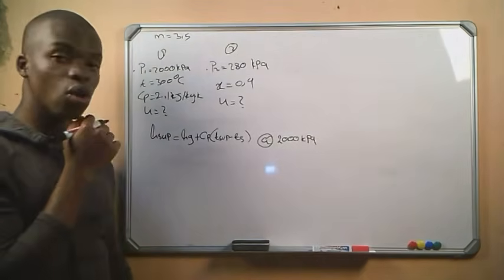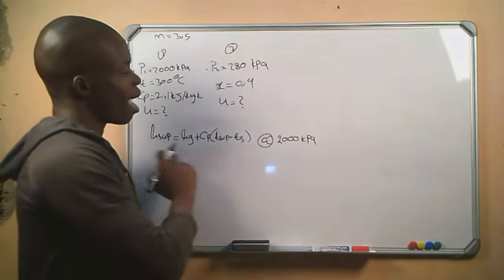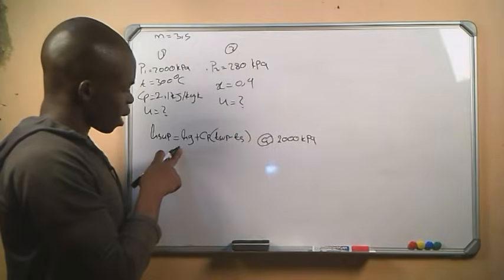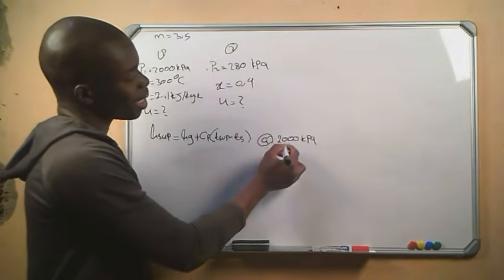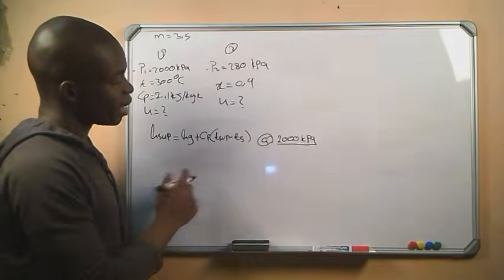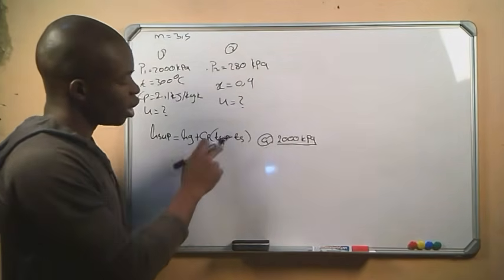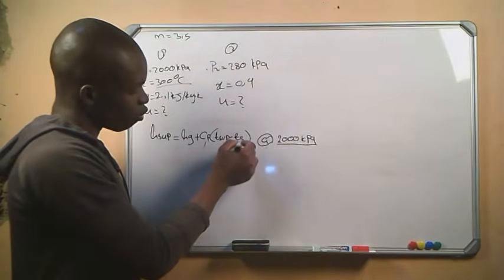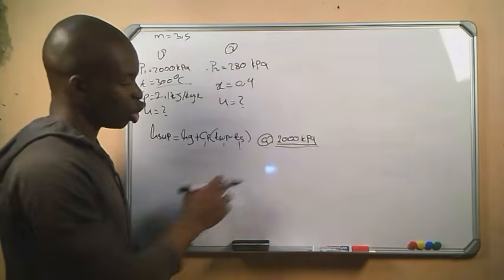And then now we go into our steam table and look for Hg at the pressure of 2000 kilopascal, and also, since we have specific heat capacity and the T sup, which is this temperature here, look for the saturation temperature under 2000 kilopascal.